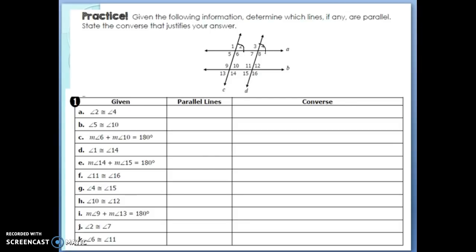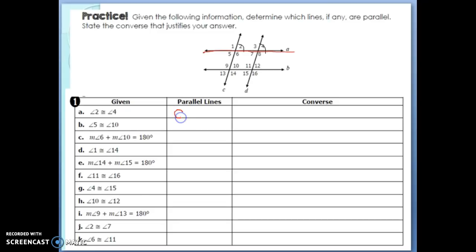So because they share line A and they're corresponding angles, we can say that line A is the transversal because that's what they share. So the lines that they rest on besides the transversal are the parallel lines.